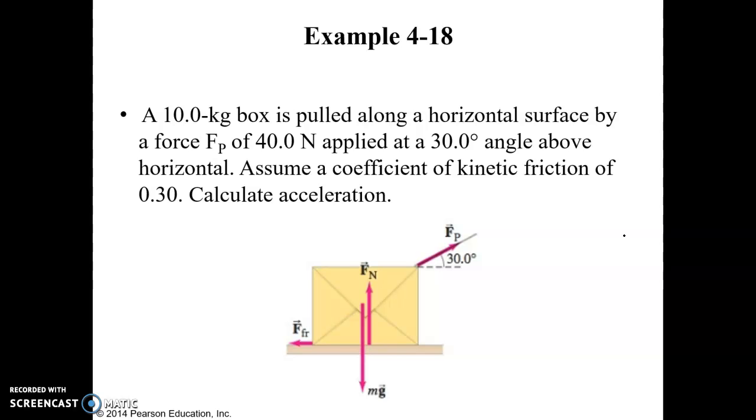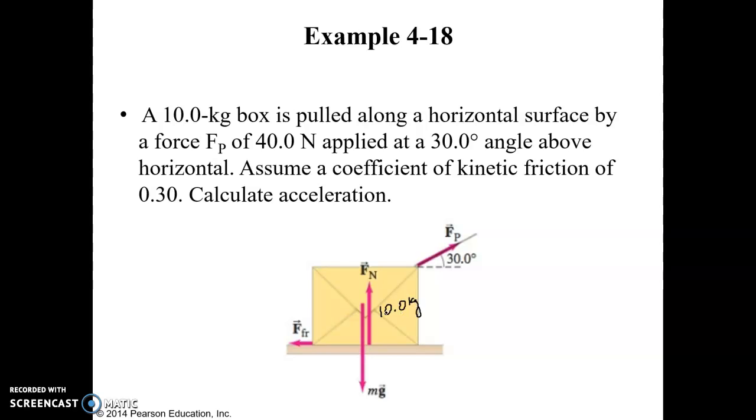Let's look at an example problem here. This is very similar to the problem we looked at earlier, only this time we are going to consider friction, and the pulling force that we are applying is not horizontal. We're applying it at a 30-degree angle. So the mass of the box is 10.0 kilograms.